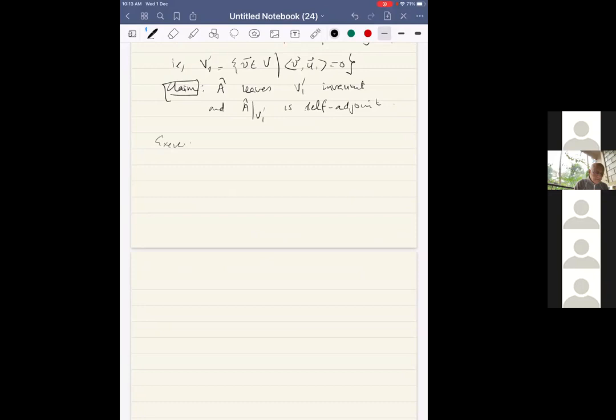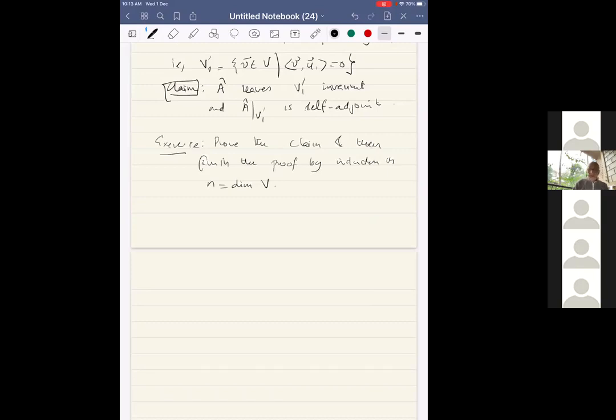Exercise: prove the claim, and then finish the proof by induction on n equal to dim V.